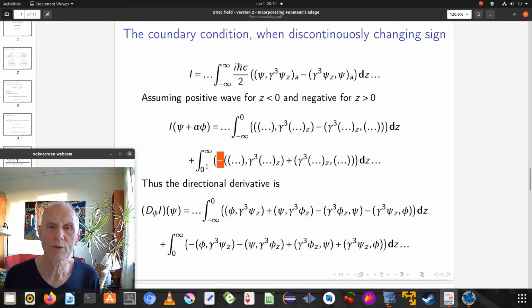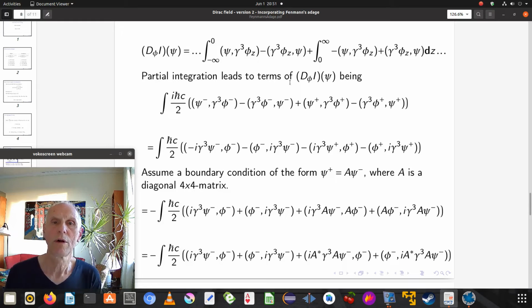So when z is positive, we need to change sign on the scalar product. So the minus here becomes plus. And also I put in the part that has psi in it. So here we must change sign, not here. Here we must change sign, not here.